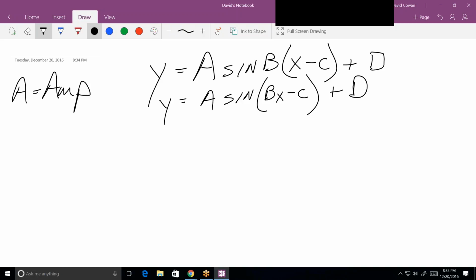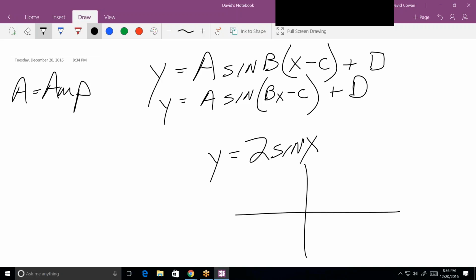So let's look at a simple situation. y equals 2 sine of x, which would mean B is 1, C is 0, D is 0. If I were to graph y equals 2 sine of x, that's a vertical stretch by a factor of 2, correct?